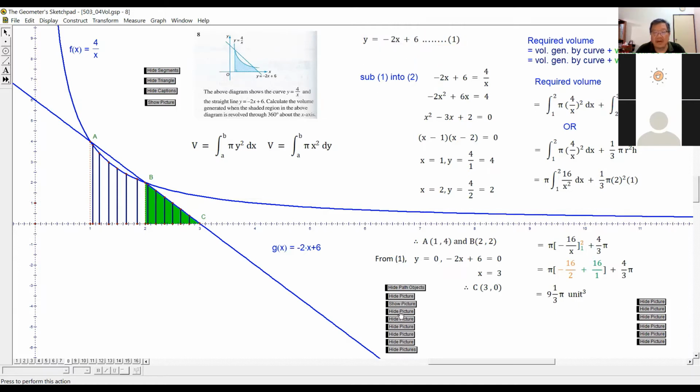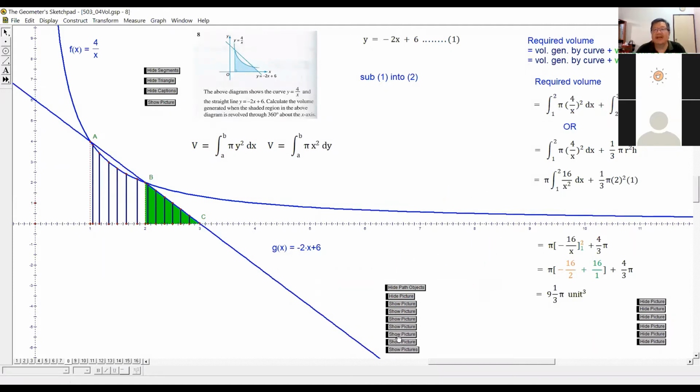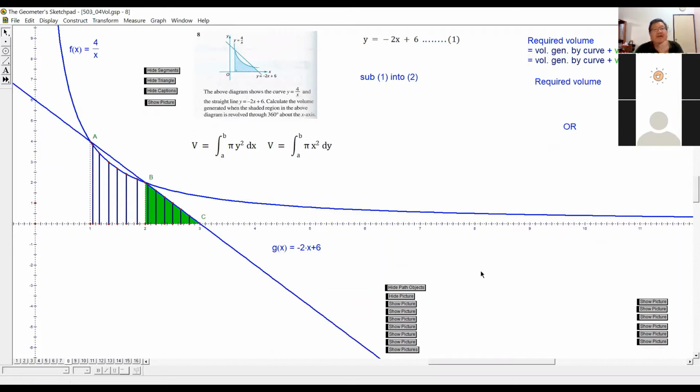Okay. So now I'm going to show you how to find the coordinates of A, B, and C. So first of all, I copy down the equation of the straight line. Equation of the straight line is y equals negative 2x plus 6.